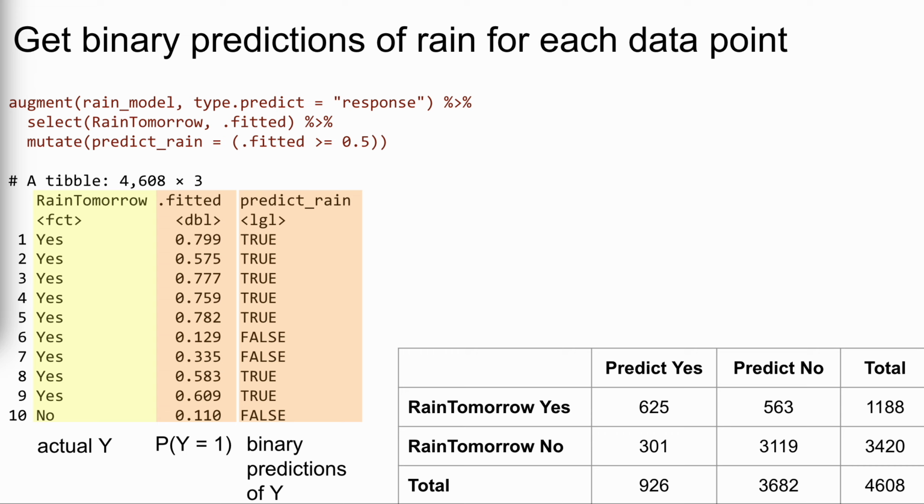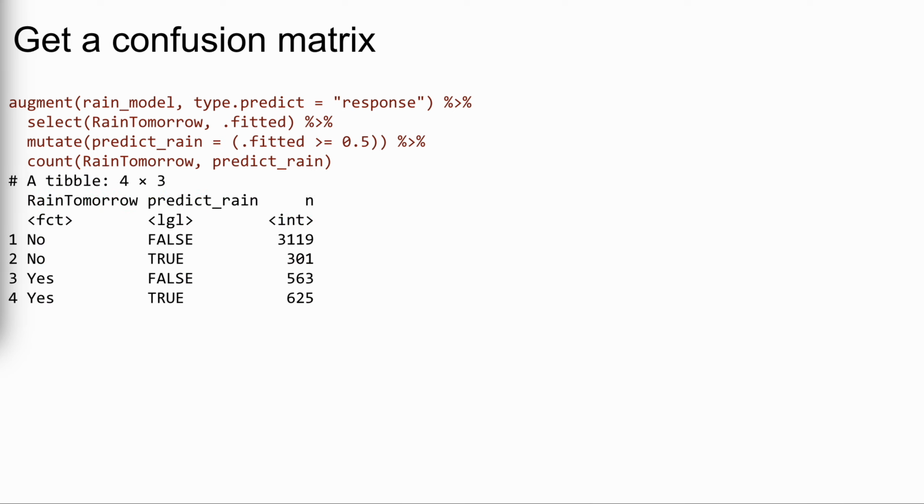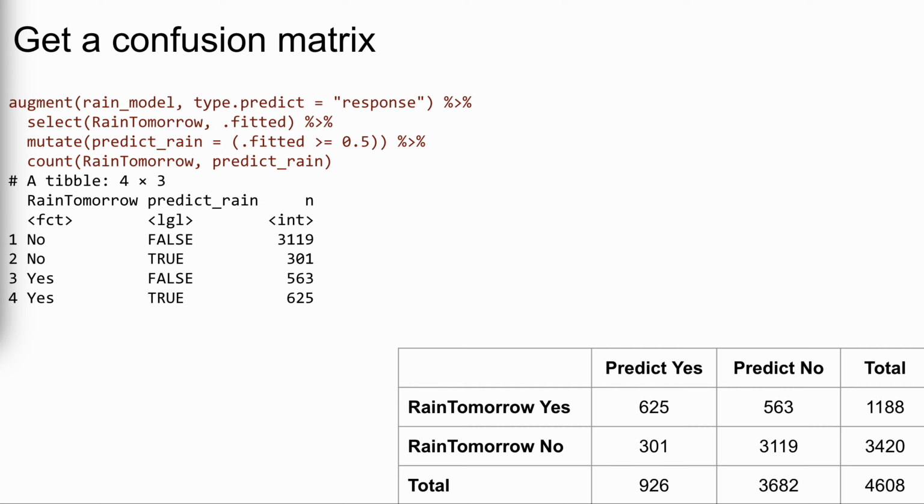To obtain the information in this matrix, we need to count up the number of observations that fall into each category of actual versus predicted outcome. To that end, we can add the count function to our code. The results aren't in the same format as the confusion matrix, but they tell us the same information.